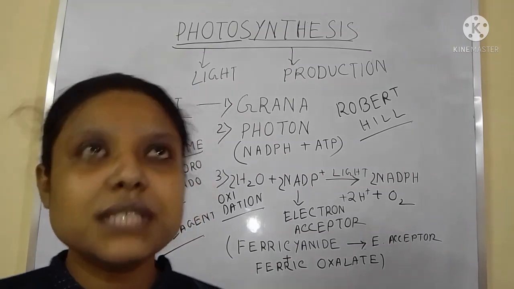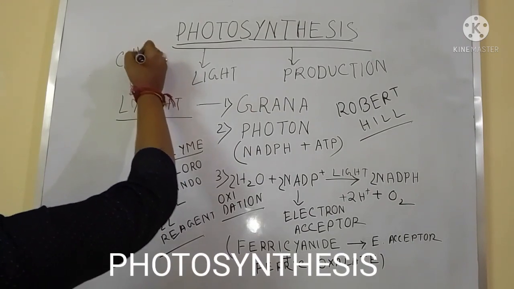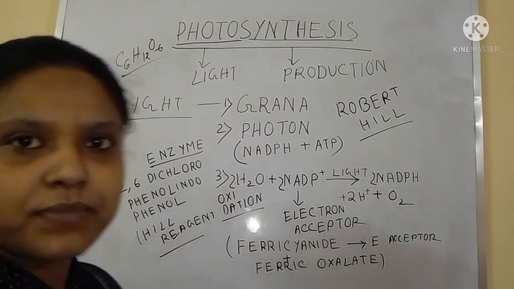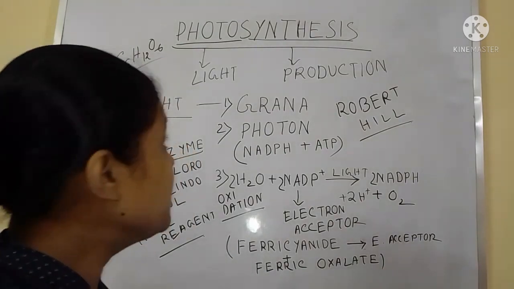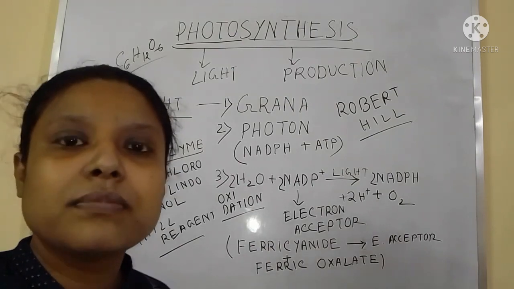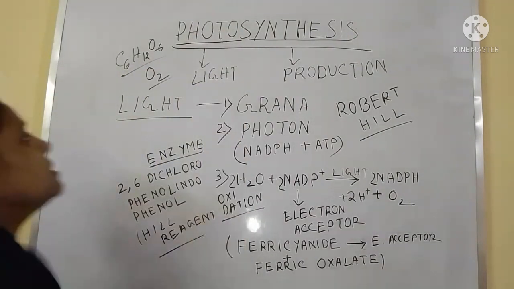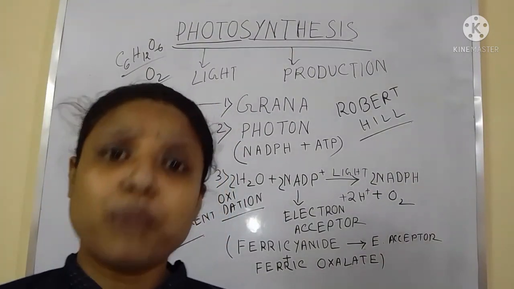So glucose is the main product. Clear? But another product that is formed during this reaction is oxygen. Okay, oxygen. This is the byproduct. Clear? So this is the process.